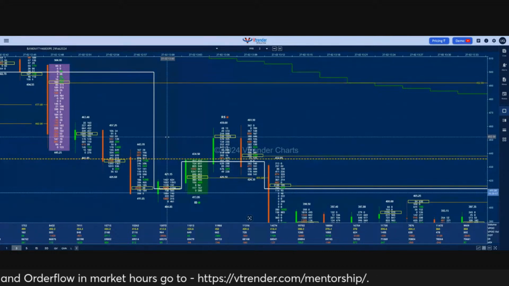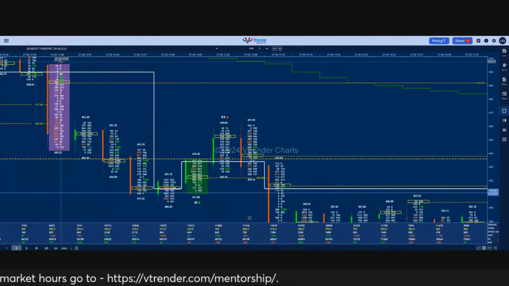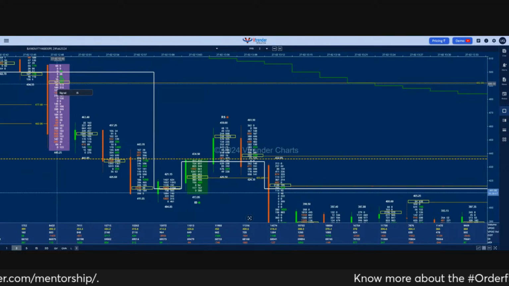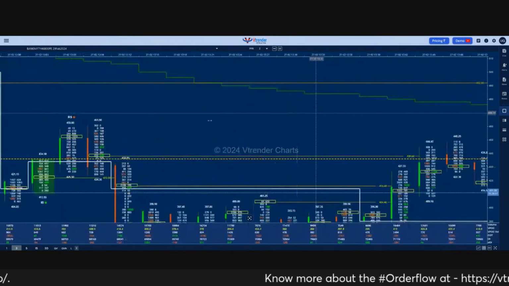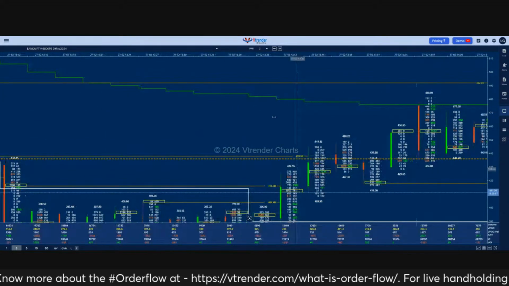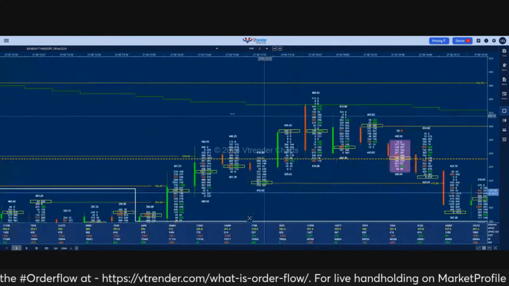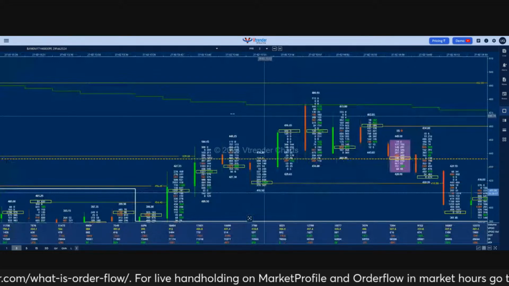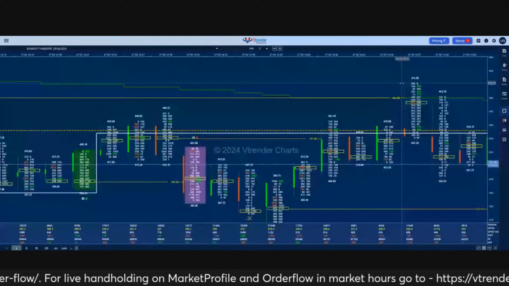The 504 would have become your trailing reference, and when this POC and the VWAP are aligning and you're getting this signal at VWAP, it is telling you that you can take a risk. So it went on to make new lows at VWAP, stopping short right of that 471.